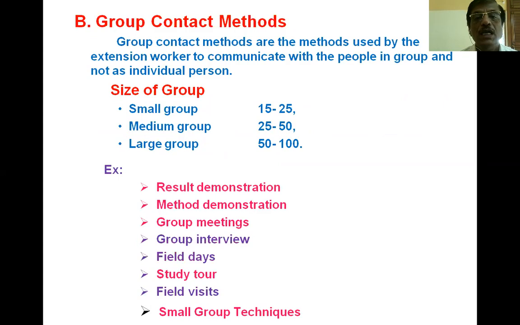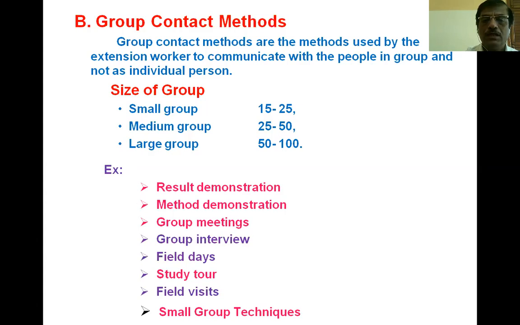That is nothing but the lecture method. Lecture method is one of the teaching aids that can be used to educate the students. Groups can be classified into small groups, medium groups, and large groups. A small group consists of up to 15 to 25 audience. It can be called a small group.